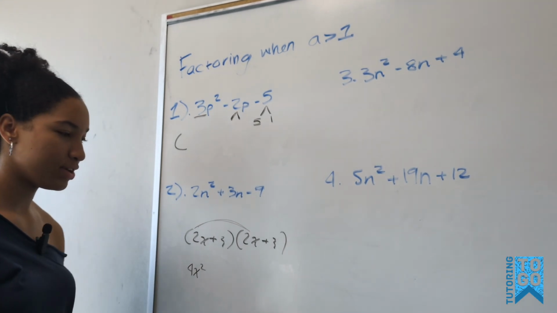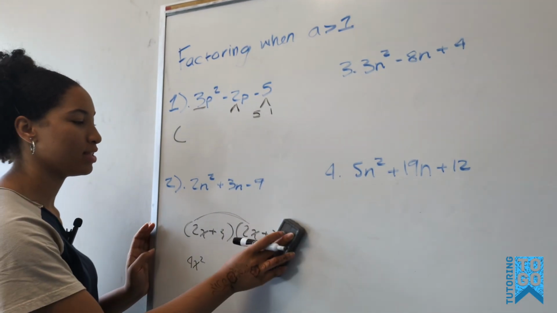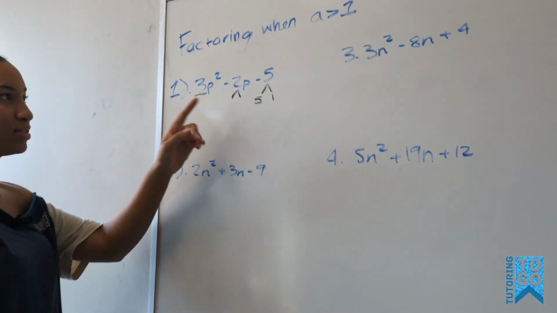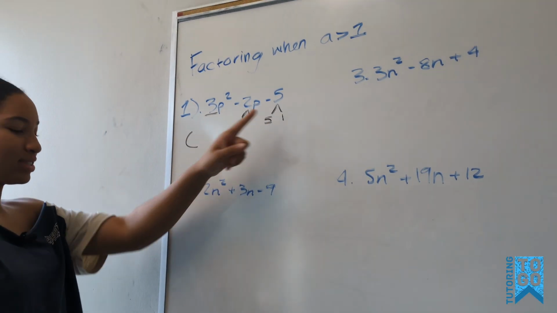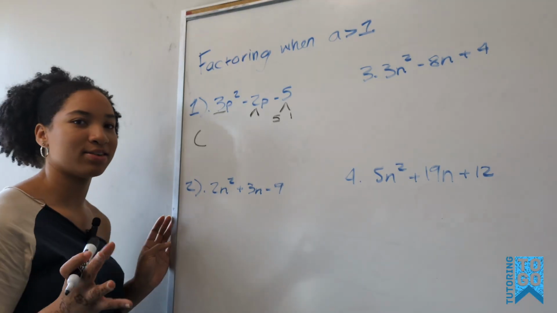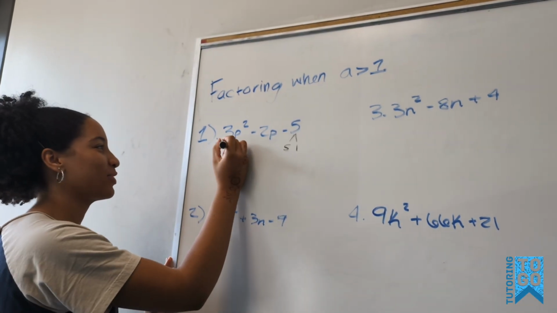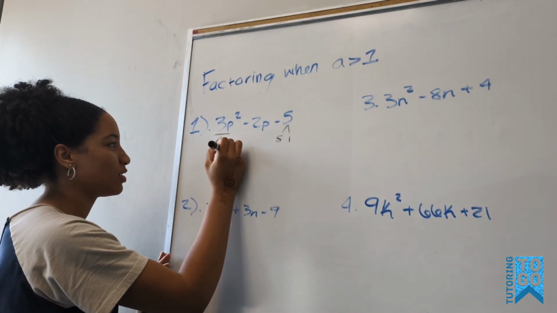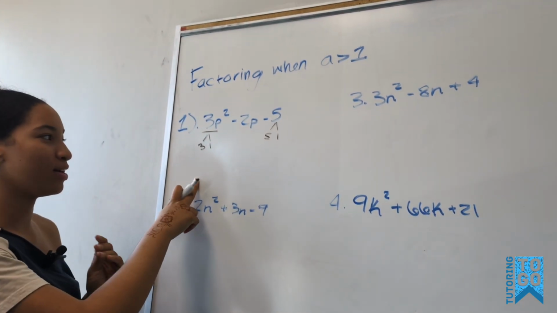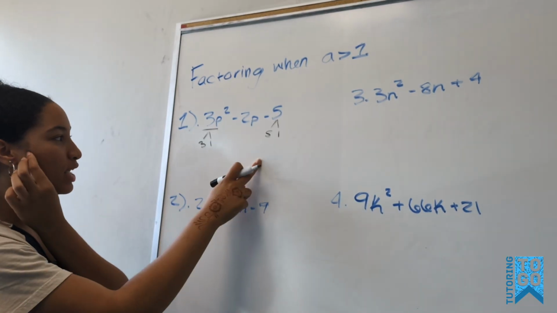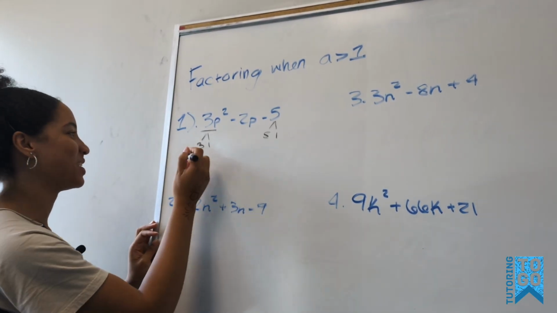If the coefficient is also factorable and it's necessary for getting your B and your C, then you can factor that out accordingly. But for this one, 3 can only be factored by 3 and 1. So when you're putting it into the final factored equation, it can only be 3 and 1.